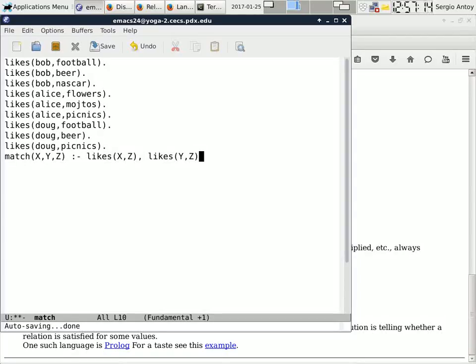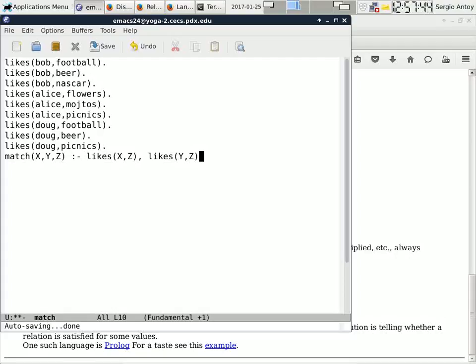Bob likes football and Bob also likes football. This is going to be some kind of reflexive. Bob matches Bob because they both like football. And not only that, we are going to find that Bob matches Doug because they both like football, and Doug matches Bob because they both like football. This is also symmetric somewhat, right?